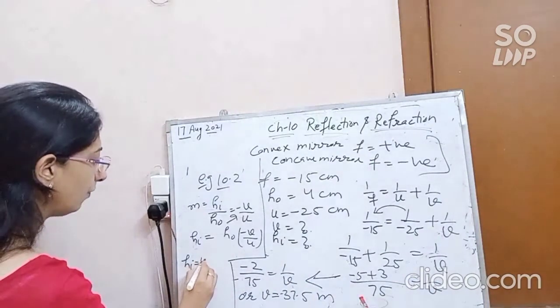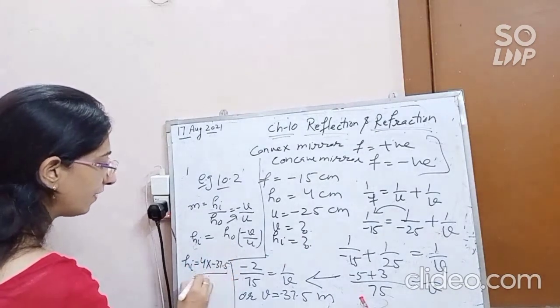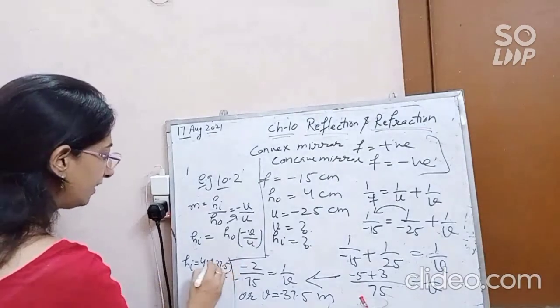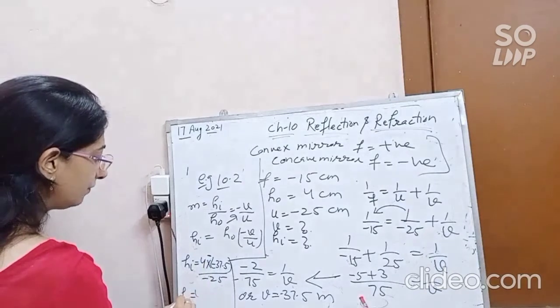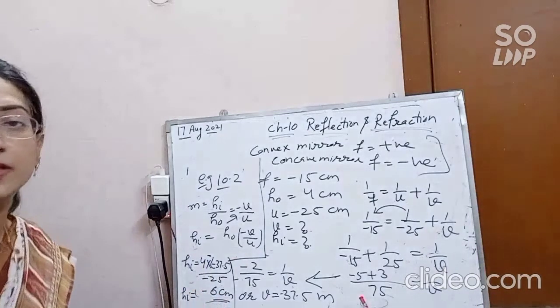HO is 4 into minus 37.5 divided by minus 25, and with the negative sign. So after calculating, HI is equal to 6 centimeter.